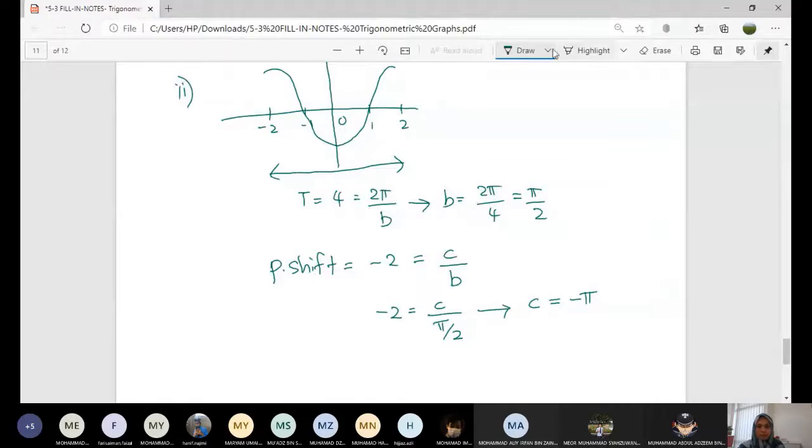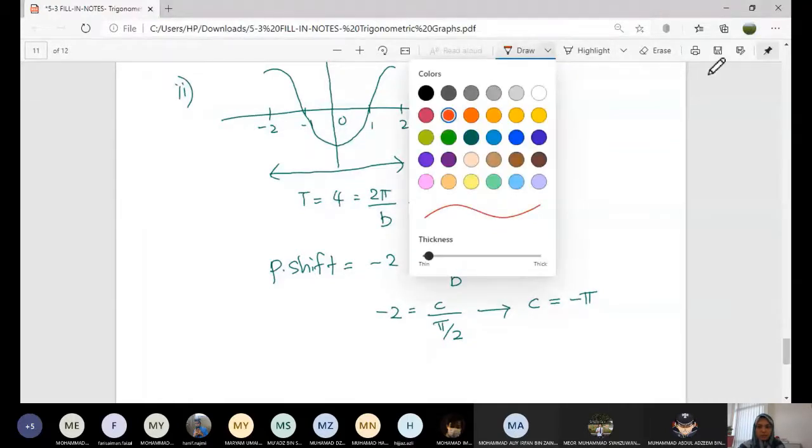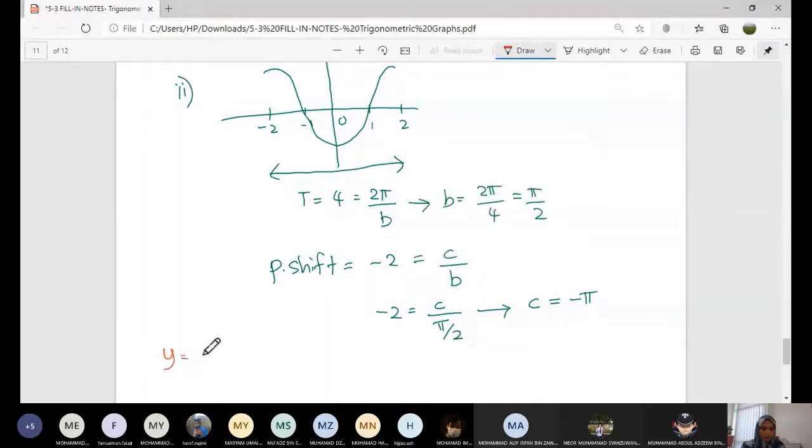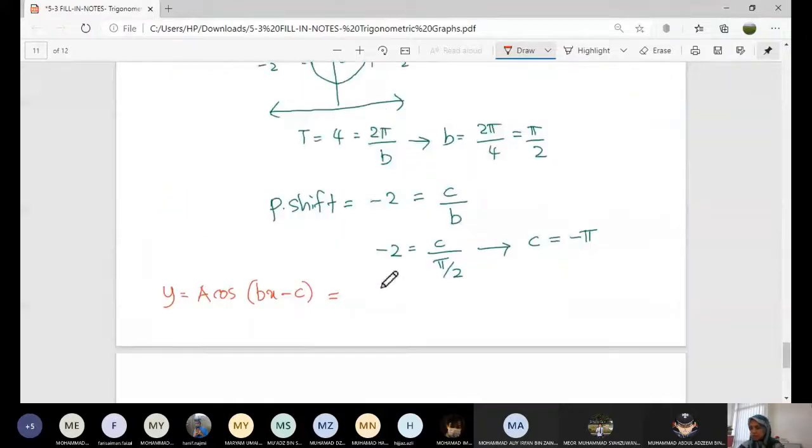So from there you can write the equation. Okay, the equation will be, we want to write in terms of y equals to A cos Bx minus C. A just now, 2, amplitude is the same, right?